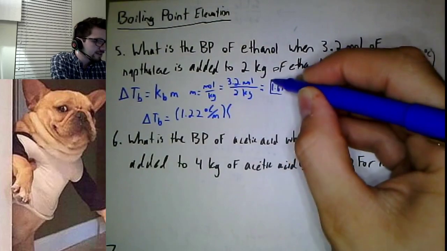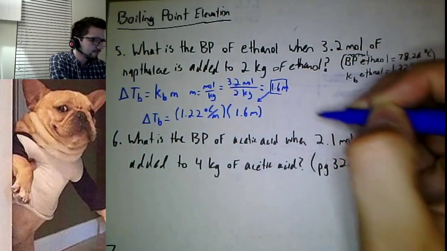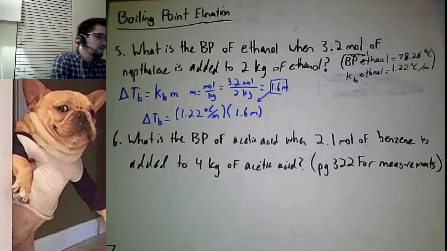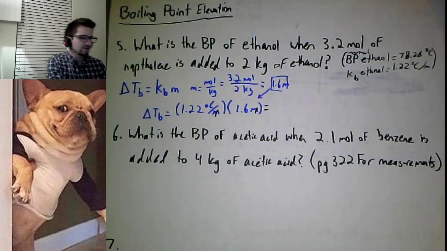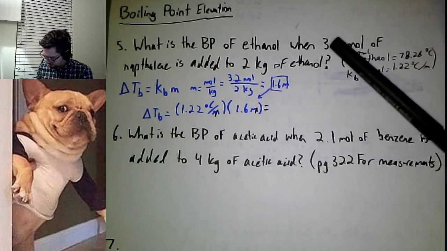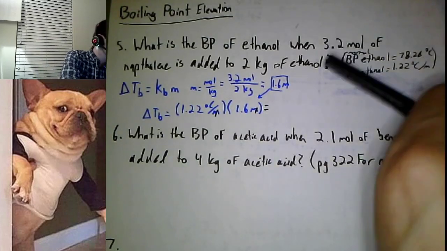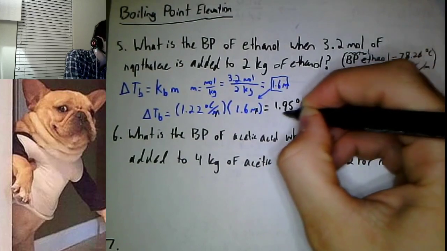So I'm going to plug 1.6 m into this equation. My two m's are going to cancel out when I multiply this. So the question is, what's 1.6 times 1.22? So funny you should ask. It's 1.95. So I get 1.95 degrees Celsius as my answer.